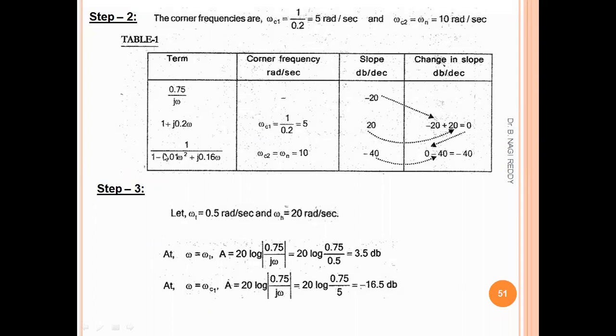And for the third term, you can see the maximum omega here is omega square, that is in the denominator. Denominator means minus. So omega power is 2, and 2 means we will write 2 into 20, that is 40. So this is how we can complete the slope column.